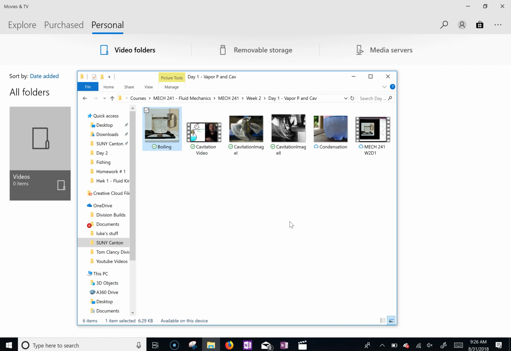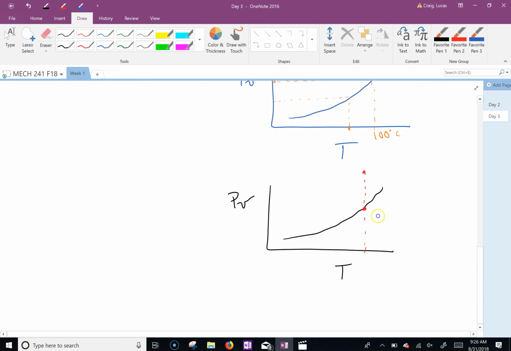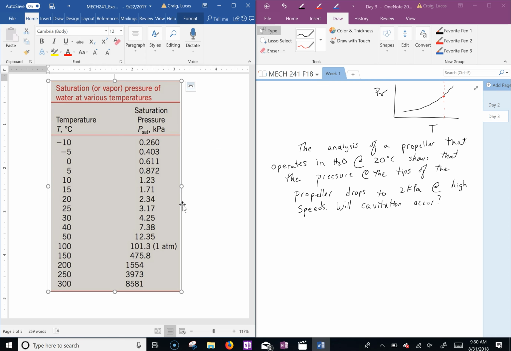So how do we determine if there's a situation where cavitation will occur? Well, let's do a quick problem right here, and you're going to have a very similar problem on the homework. This is the table that's in the Cengel book, but the Mott book also has these tables.